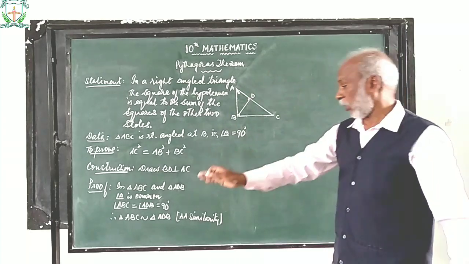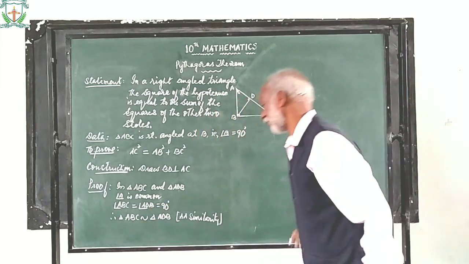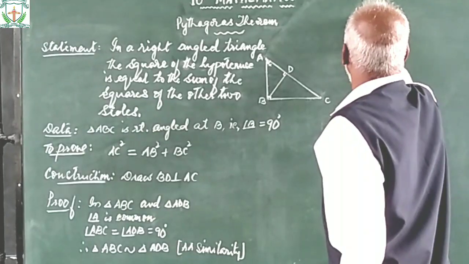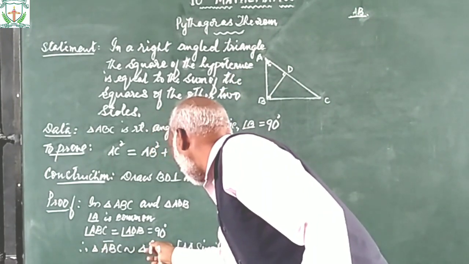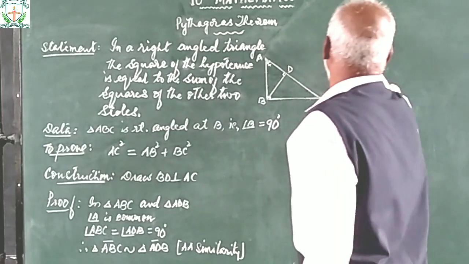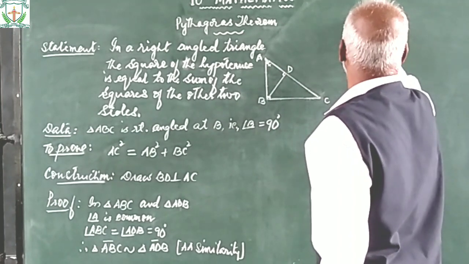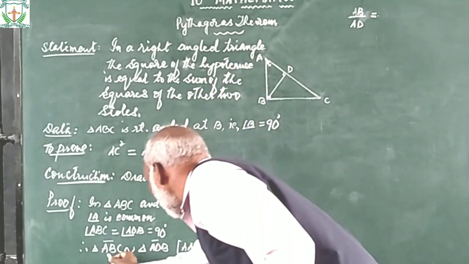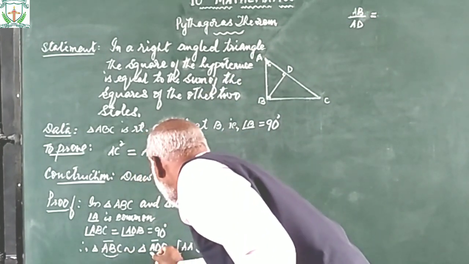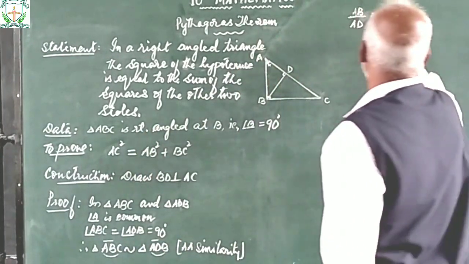So making use of similarity of triangles, AB divided by AD is equal to AC divided by AB.